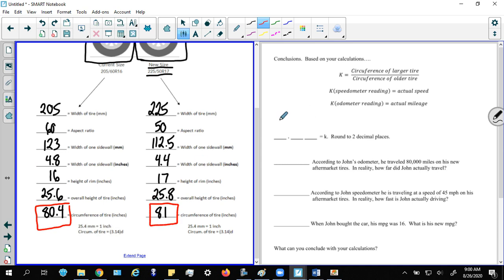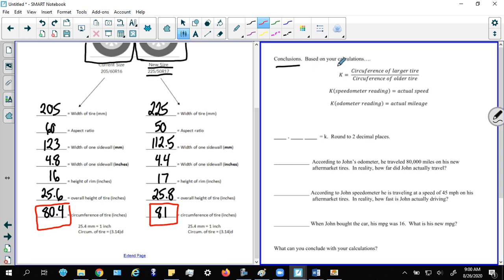Now, the way this works is conclusions. Based on your calculations, the first thing we need to find is what is K, and that is the circumference of the larger tire, which ends up being 81, over the circumference of the older tire, which was the factory tire, 80.4.